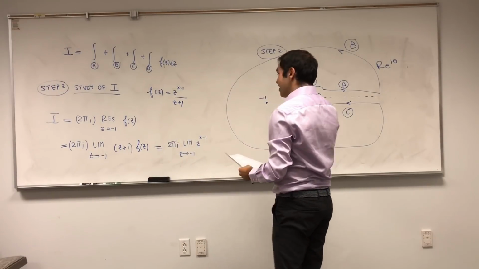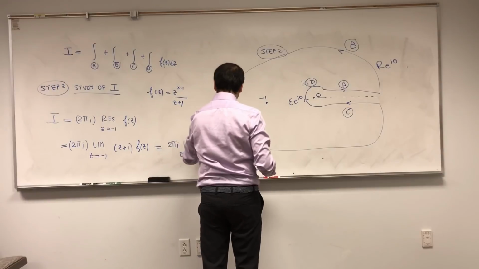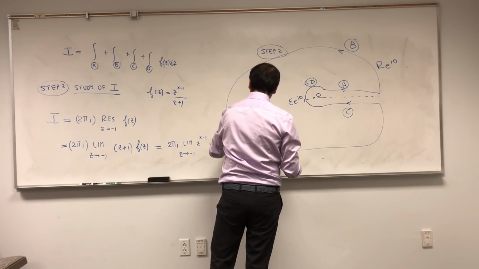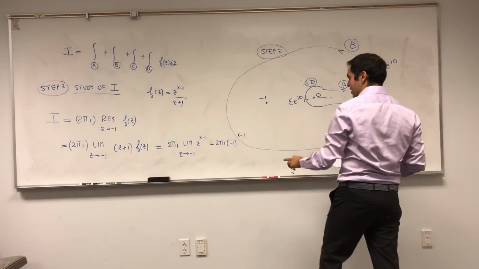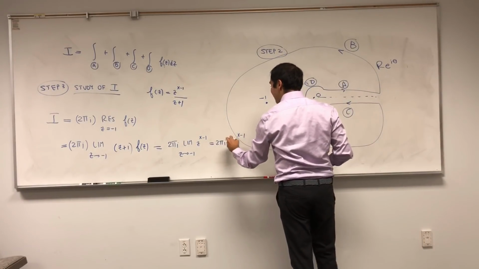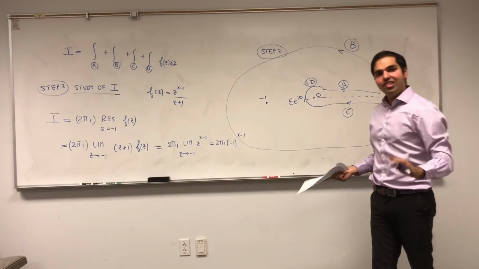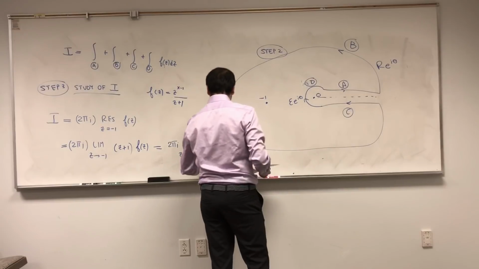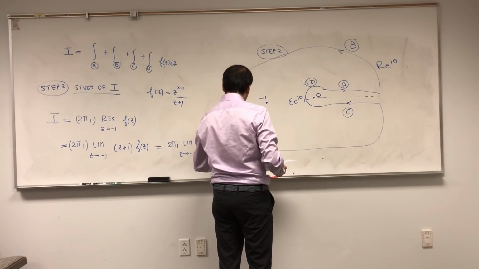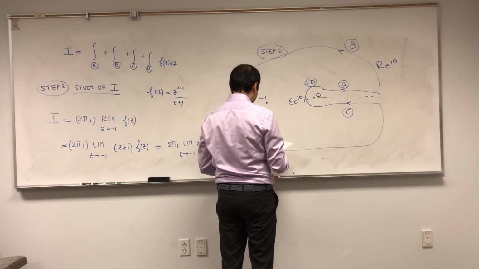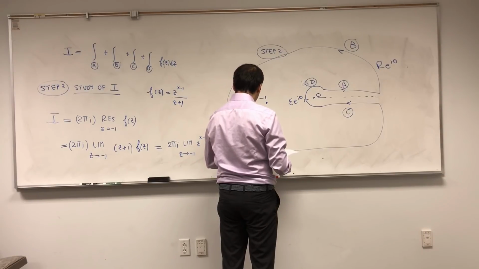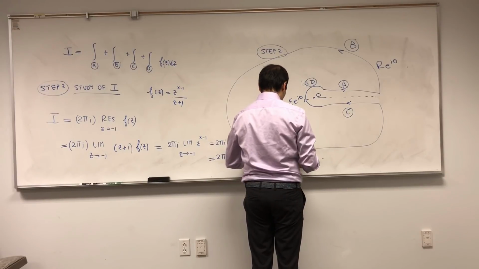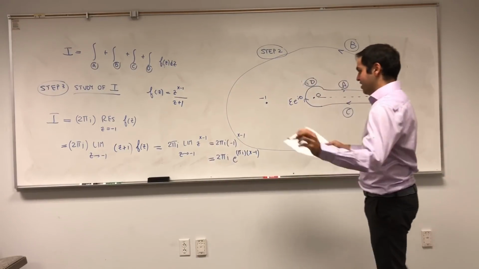Okay, I really don't want to erase that picture, but we have 2 pi i times minus 1 to the x minus 1. However, remember x is between 0 and 1, so you're technically taking a root of a negative number. To make this more explicit, that's 2 pi i times e to the pi i, which is minus 1, to the x minus 1, and let's just leave it like that.